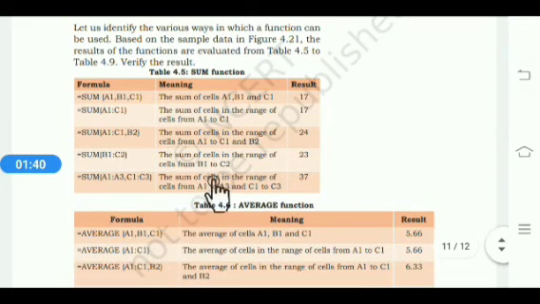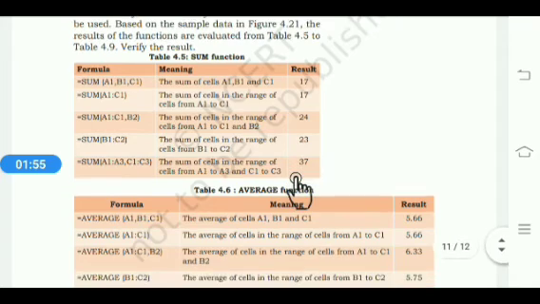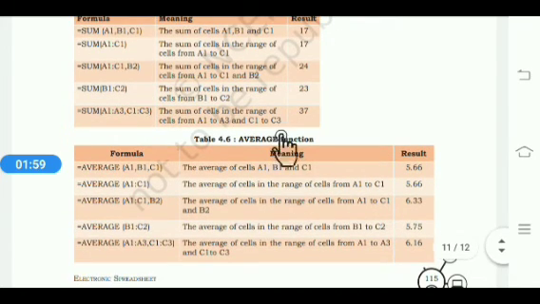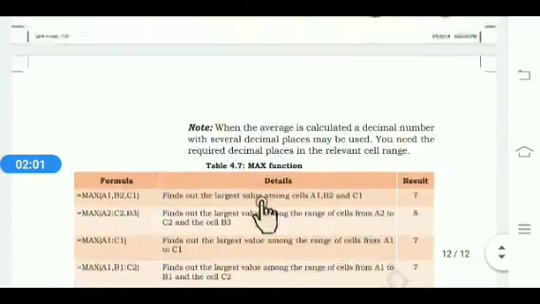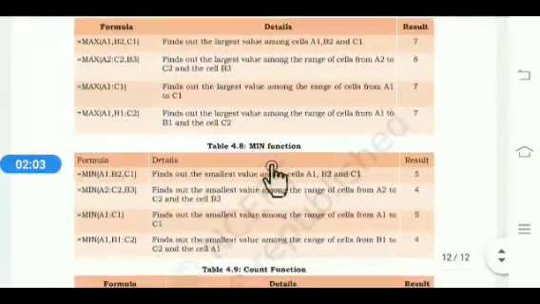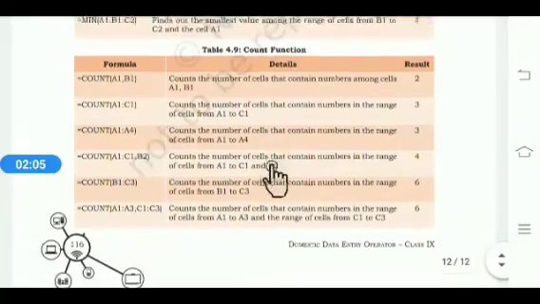Then the sum of the cells in the range A1 to A3 and C1 to C3: for this, put equal to SUM, then in brackets A1 colon A3 comma C1 colon C3, and the answer is 37, and so on. For this, see the average function, then maximum function, minimum function and count function. Thank you.